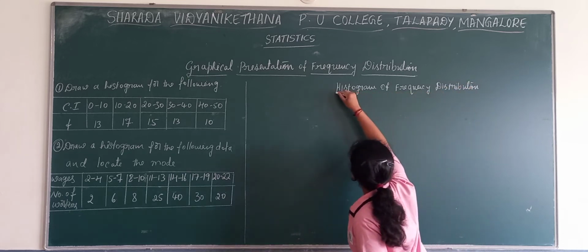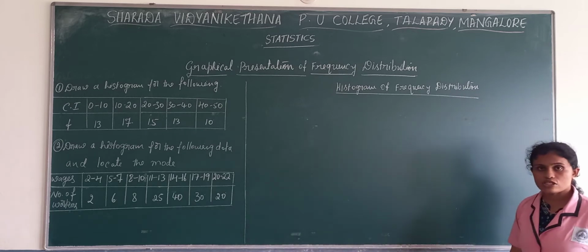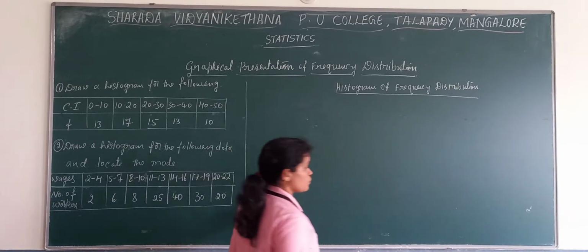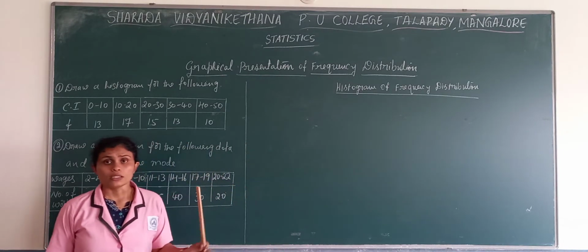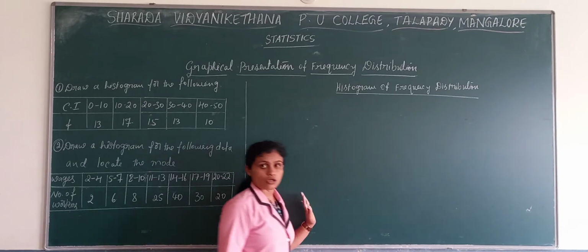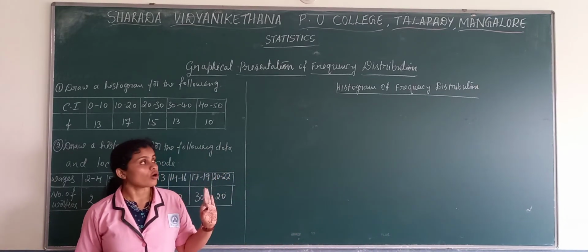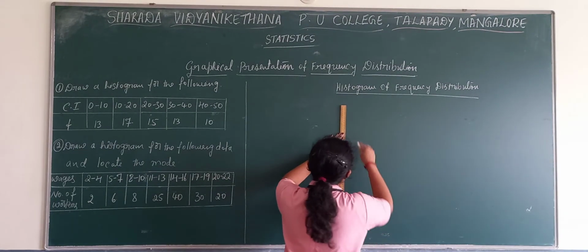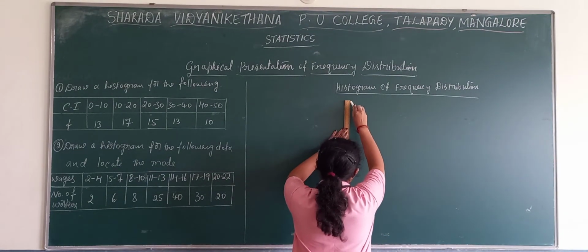Since they have not given anything, we take it as histogram of frequency distribution. If they give, for example, histogram of marks obtained by a particular class or student, we write that. Now draw the x-axis and y-axis.